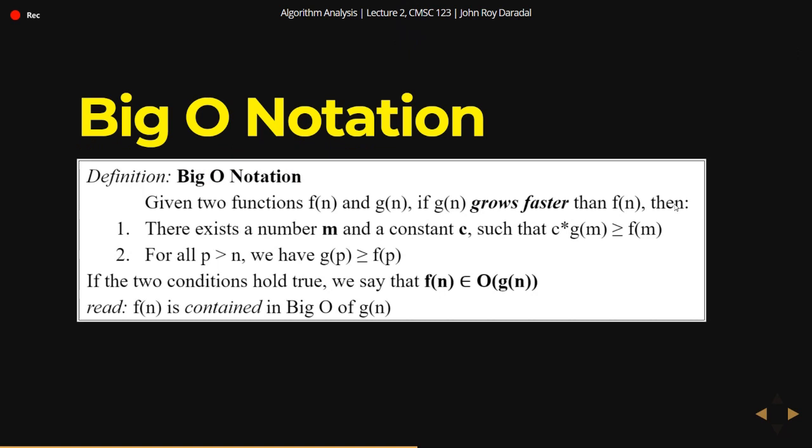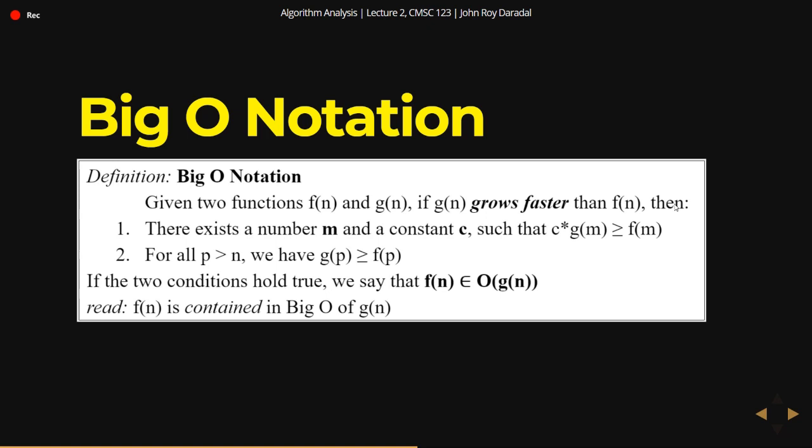So formally, the definition of big O notation is the following. Given two functions f of n and g of n, if g of n grows faster than f of n, then there exists a number m and a constant c such that c times g of m is always greater than or equal to f of m, and for all p greater than m, we have g of p is always greater than or equal to f of p.